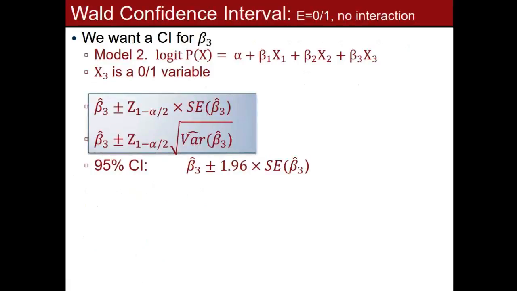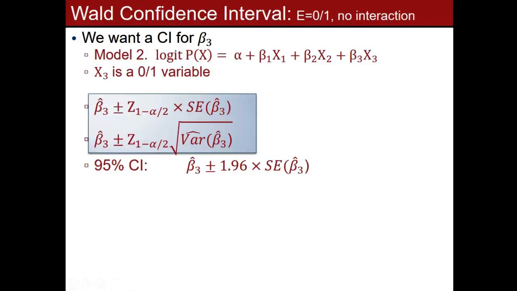So the last thing is the confidence intervals. The confidence interval really repeats a formula that we've seen from linear regression. And it's based on the Wald statistics. So it's very similar to the Wald tests from before.